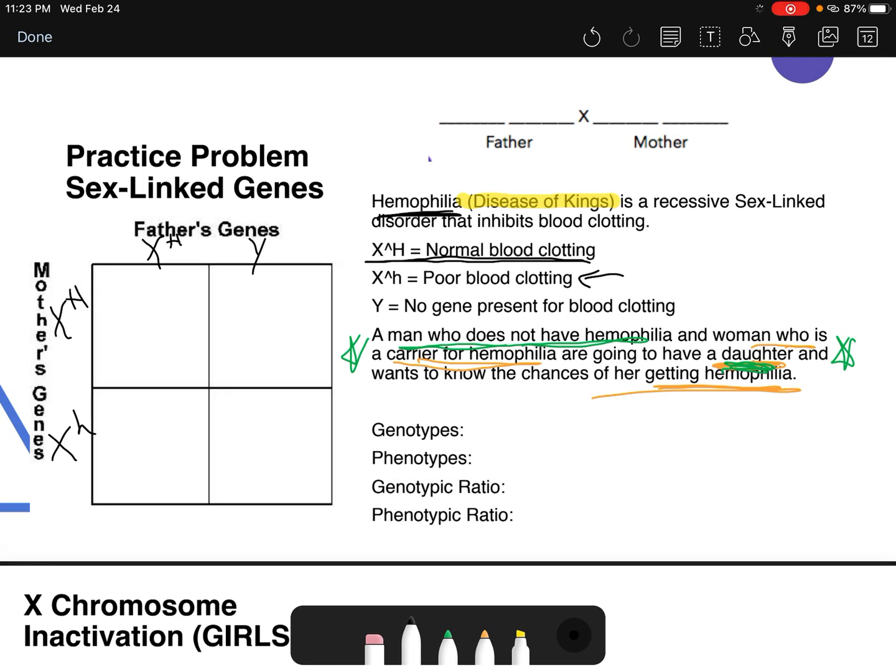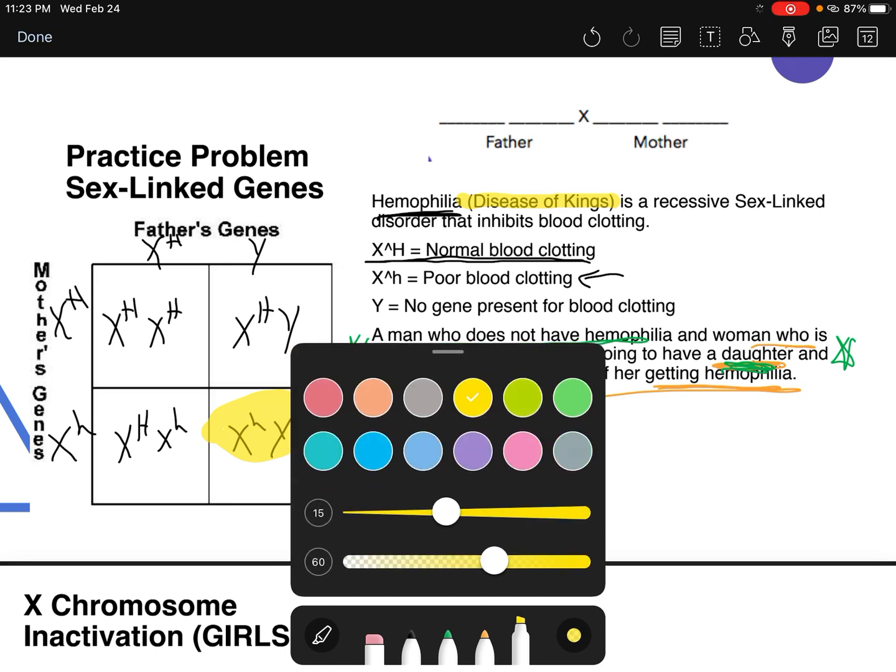Okay. Now, when we do the cross, after doing the cross, we can see one individual that will have hemophilia.